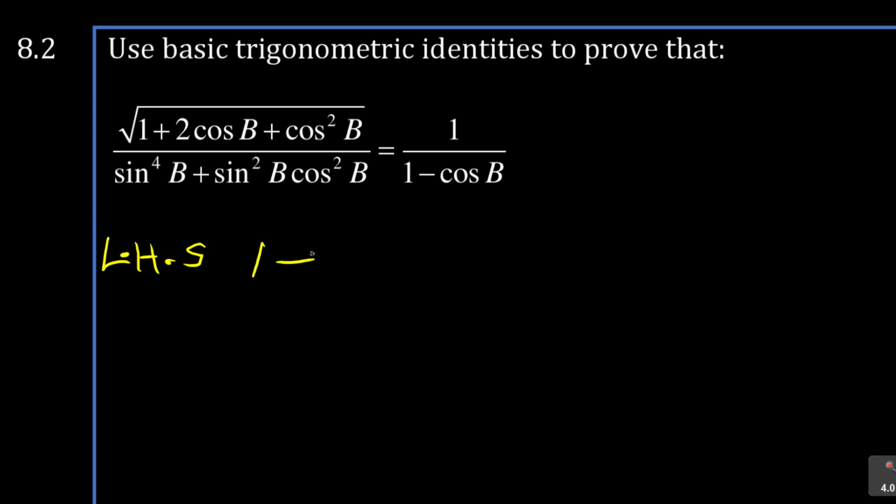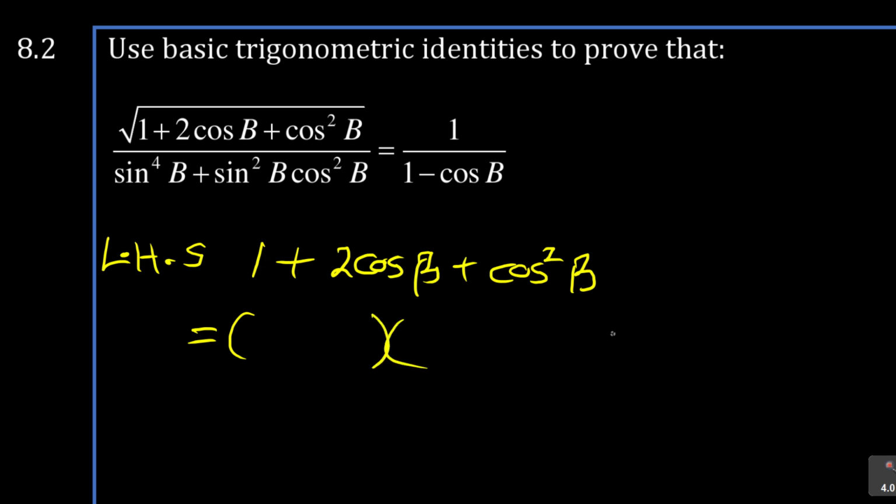Look at this. If I say 1 plus 2 cos b plus cos squared b, what can this simplify into? If you are used to factorization, you can see that if I expand this, I will say 1 plus cos b and 1 plus cos b.